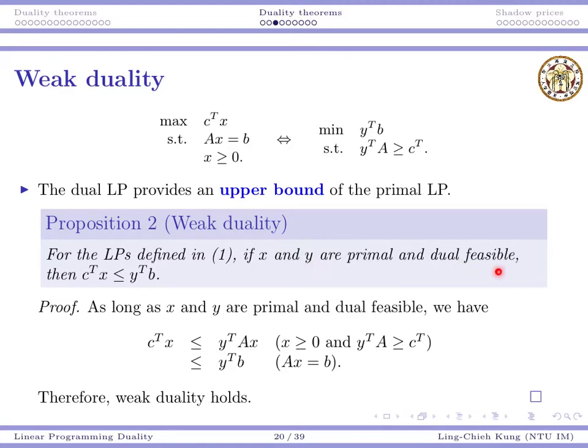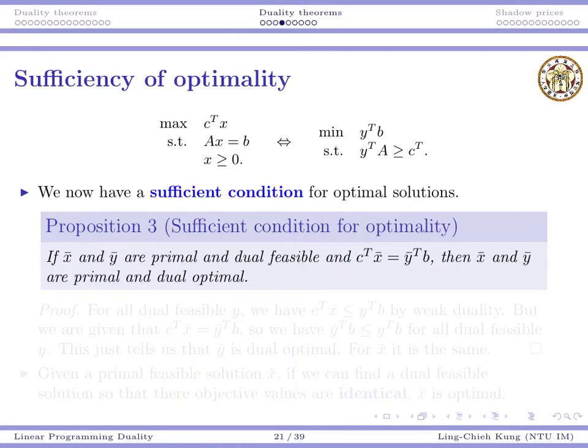So this is fine. Now with duality, we can give you a sufficient condition for optimal solutions. Let me remind you something about linear programming. We have given you a necessary condition for optimal solutions. A similar thing is that if there is an optimal solution, there is an extreme point optimal solution.